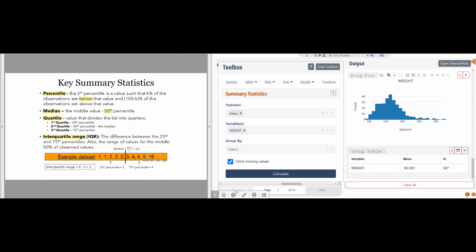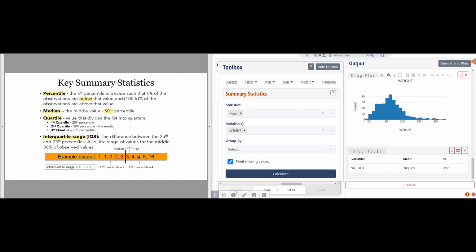In each half of the data set here, below the median and above the median, conveniently there are an odd number of values. So below the median we have 1, 1, 2, 2, 2. Therefore, the middle value here, this 2, is exactly the 25th percentile. And the middle value on the other side, on the high end, 3, 4, 4, 5, 6, this 4 here is the 75th percentile.